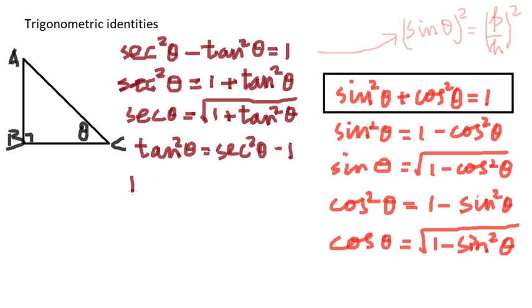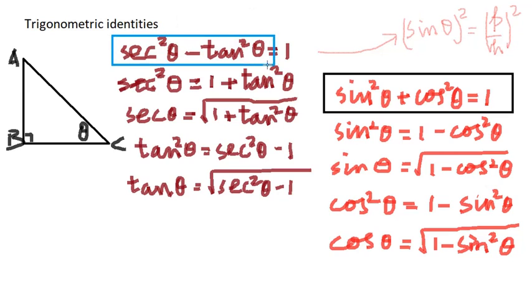Similarly, removing the square, we get tan theta is equal to root of sec squared theta minus 1. So from this basic identity, sec squared theta minus tan squared theta is equal to 1, we can derive the other 4 identities.